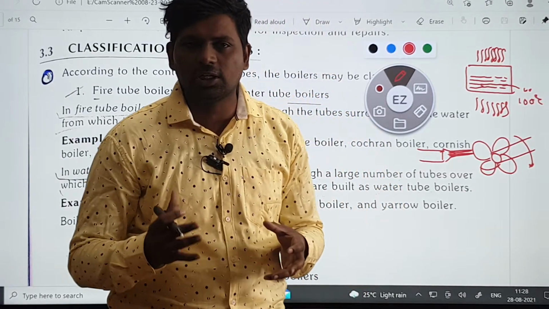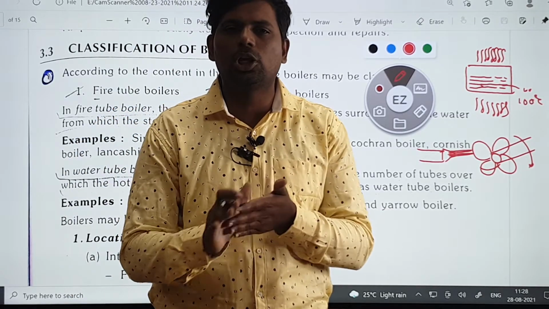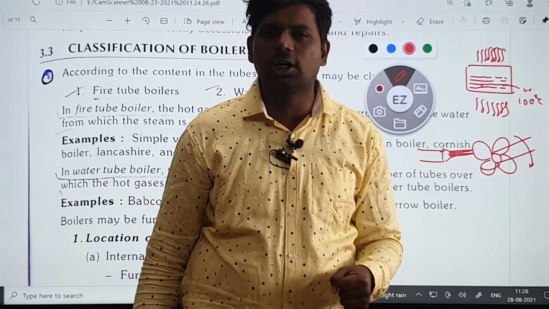So the main function of a boiler is to produce steam.